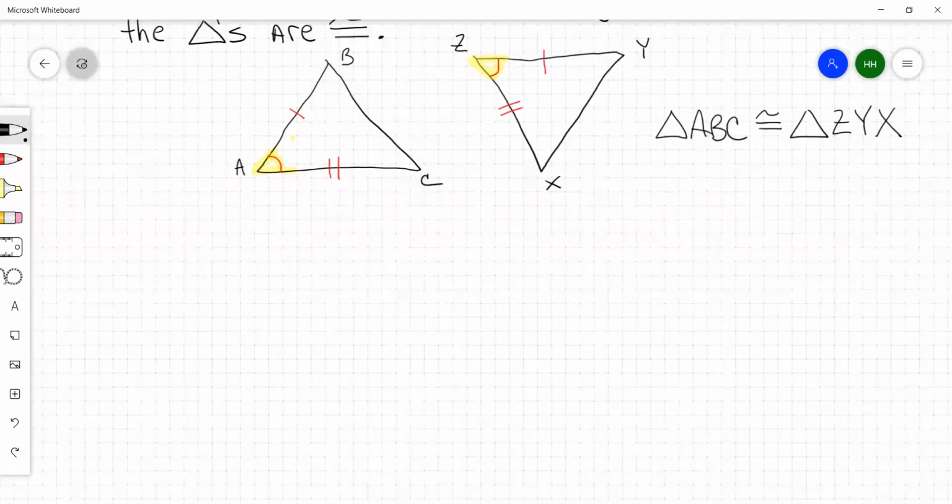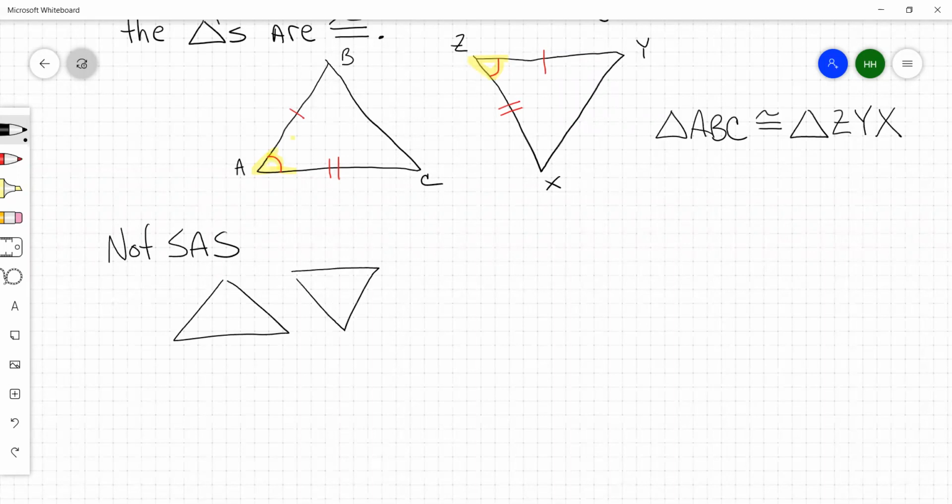Now, I want to show you not side angle side. All right? Here's a couple pairs of triangles. Watch. We've got the triangle on the left, the triangle on the right. You see the difference? You see why those two triangles are not congruent by side angle side?